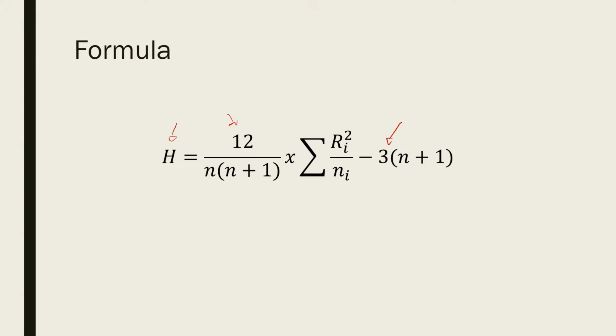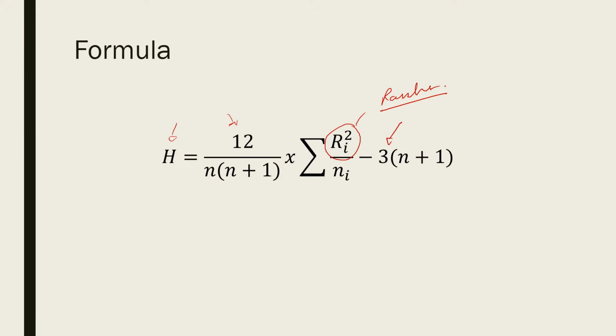divided by n times the quantity of n plus 1 times the summation of R_i squared divided by n_i. This, in fact, I think is the first time that we're going to encounter ranks in our testing. Ranks is going to be explained later, and actually the best way to explain that is through an example.